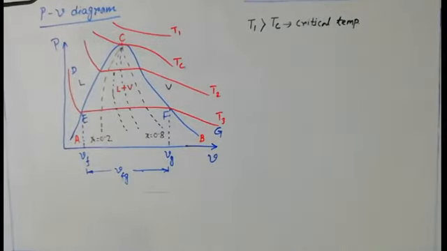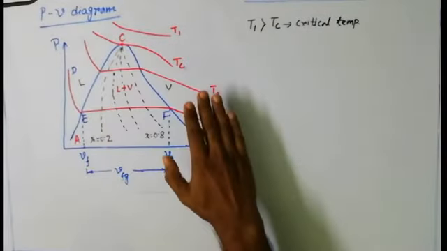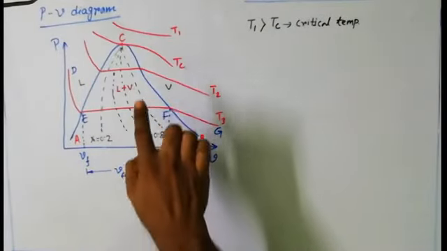Here, at the critical point, the specific volume and all other thermodynamic properties of the liquid phase and the vapor phase are identical. Why? Because the liquid phase and the vapor phase merge at a point, that is the critical point.